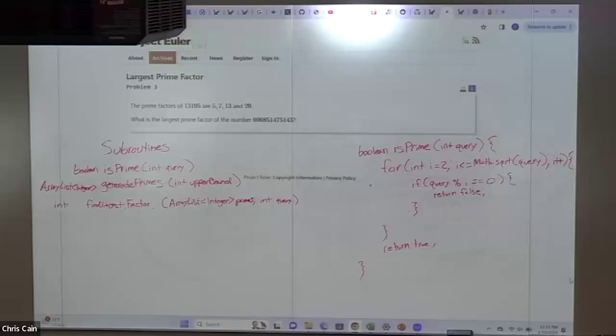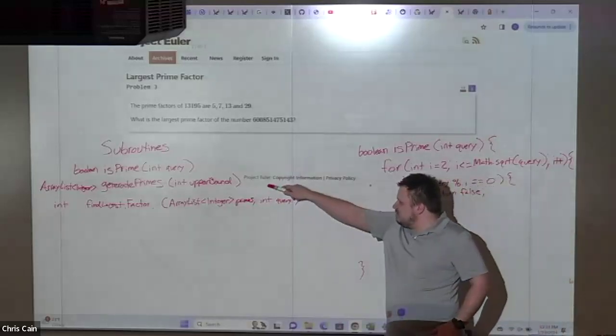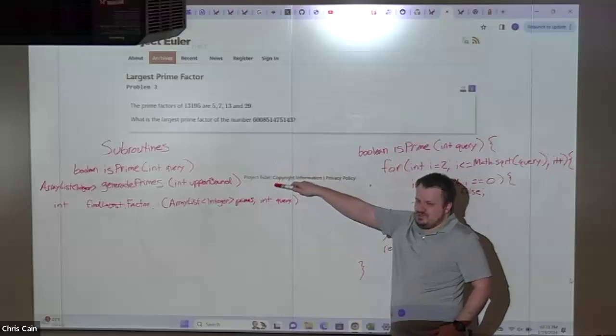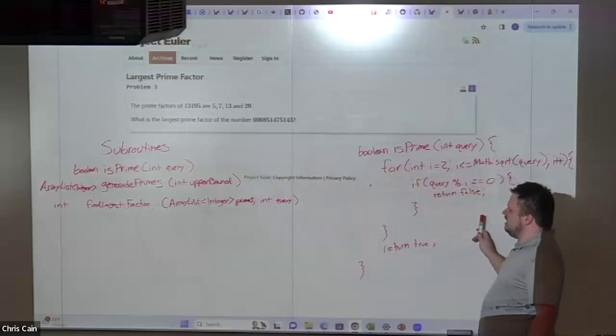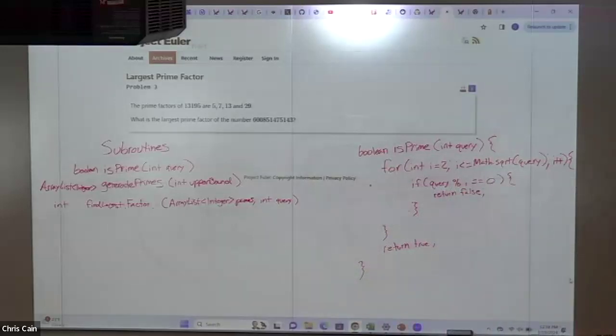So one thing that I'm hearing that may be correct, may be incorrect. If you generate a bunch of primes between 1 and the query, so in our example here, the query was 100. Is the last prime that would be generated the answer? What is the largest prime less than 100?